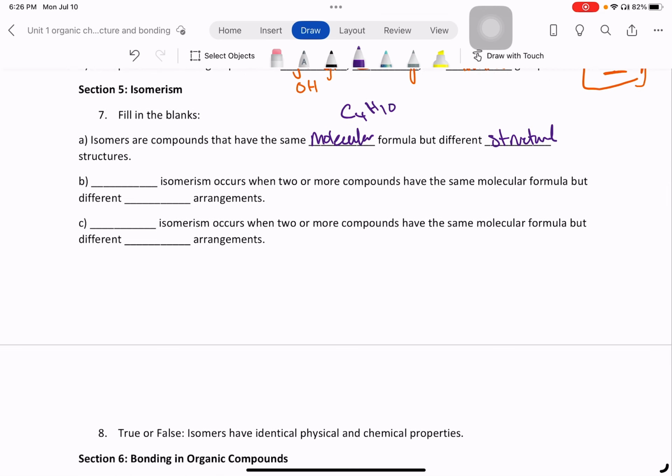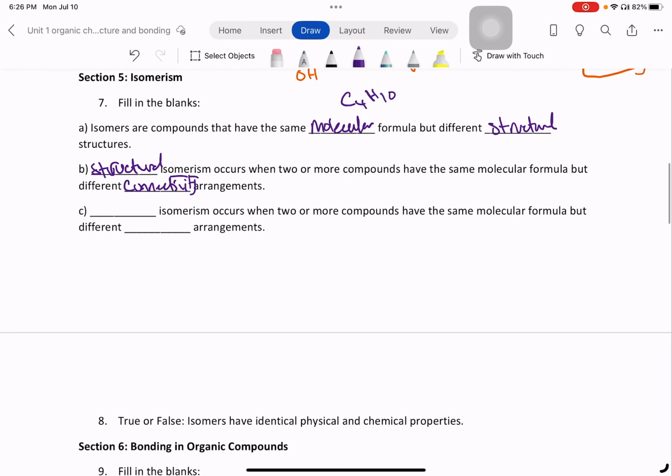Next, structural isomerism occurs when two or more compounds have the same molecular formula but different connectivity arrangements.